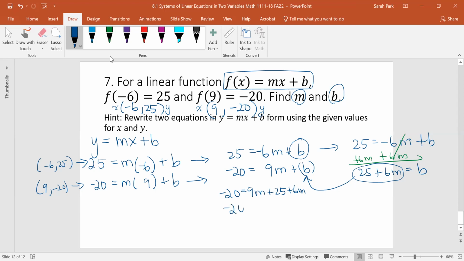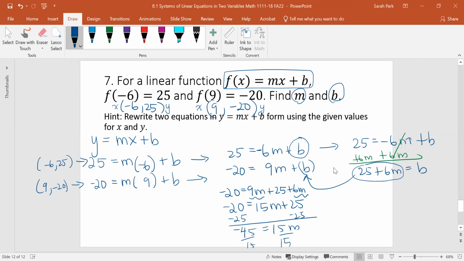Let's combine like terms. 9m and 6m gives us 15m plus 25. Let's subtract 25 on both sides. We get -45 equals 15m. So now what we have left is to divide both by 15. We have m, where the slope is equal to -3.